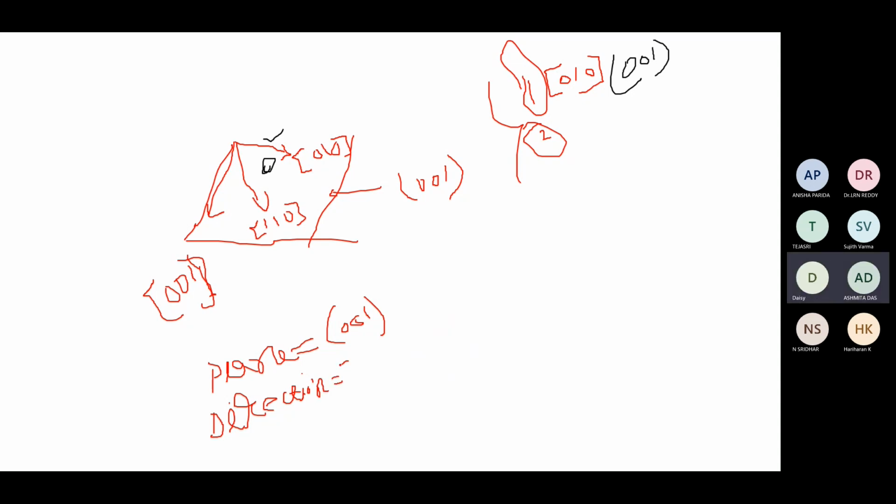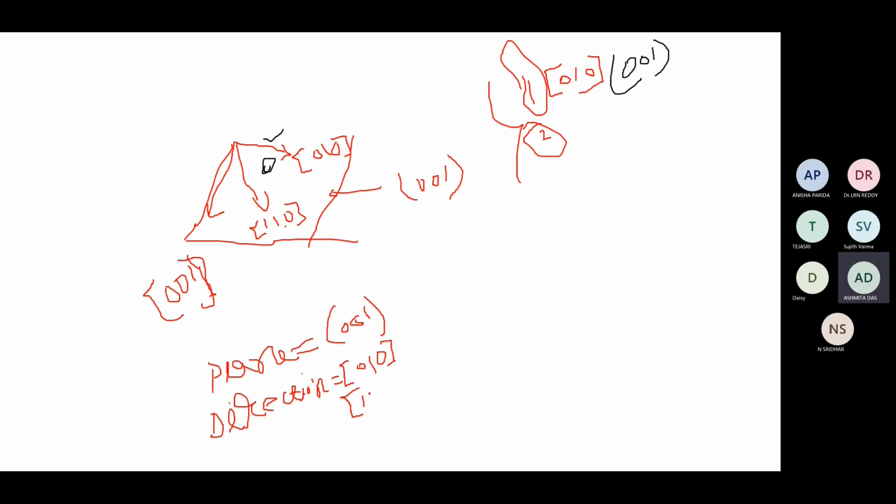So what will be the first direction? First one, suppose, 0, 1, 0, right? What will be the second direction? 1, 1, 0, right? This one.